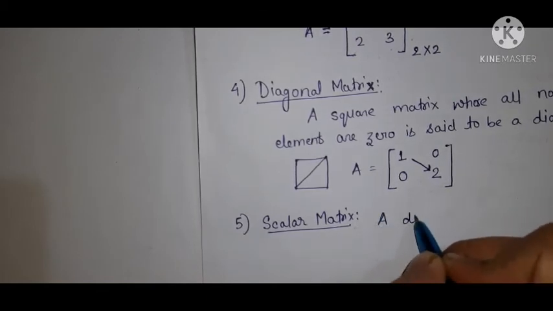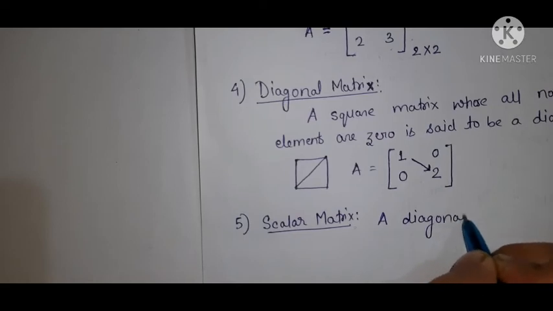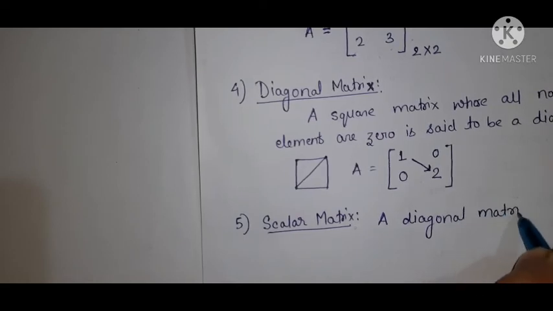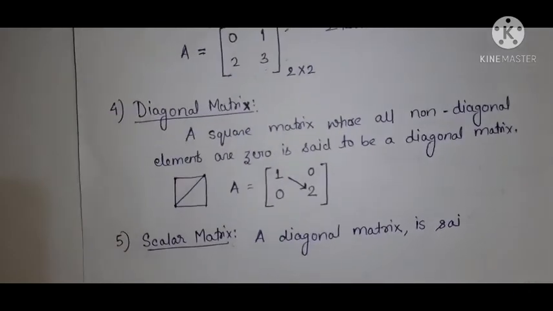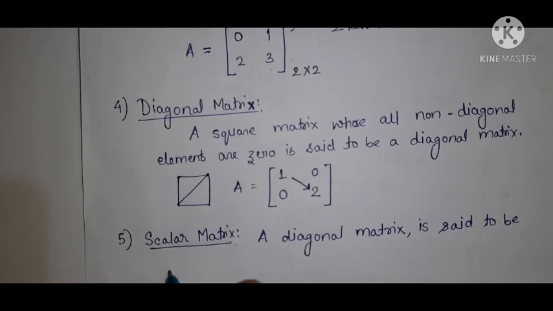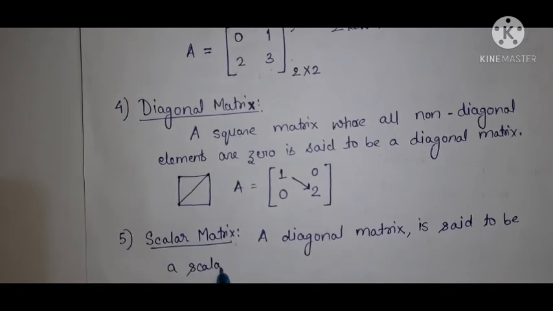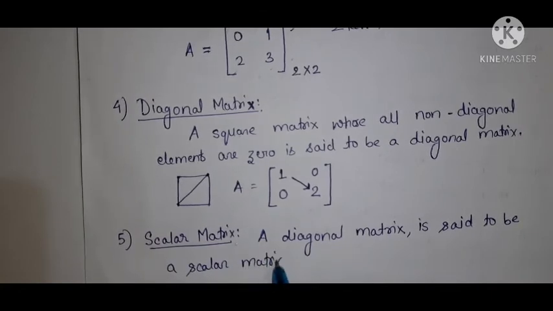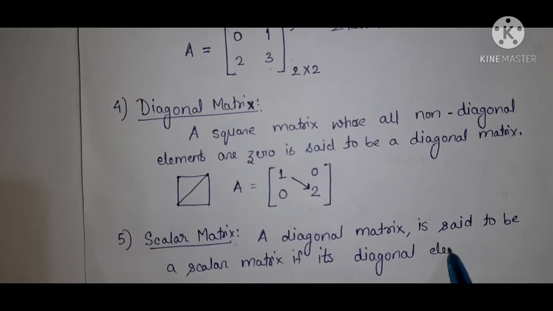A diagonal matrix is said to be a scalar matrix if its diagonal elements are equal.